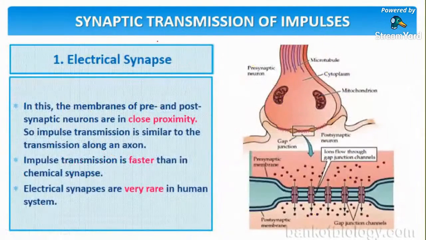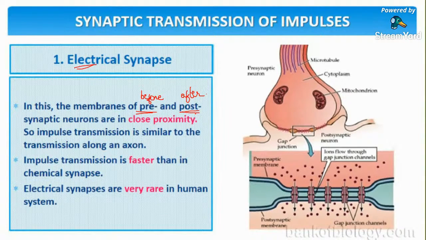What do you mean by electrical synapse? In this, the membranes of the pre and the post neurons are in close proximity. Pre means before, post means after. You might have studied pre-fertilization events and post-fertilization events, right? So pre means the one that is behind or before.